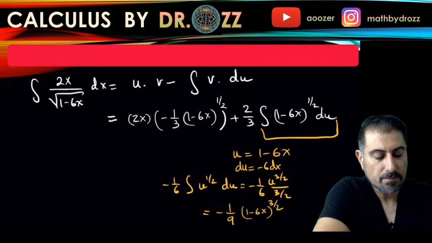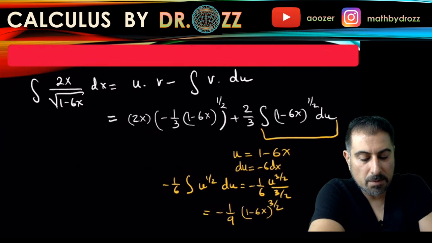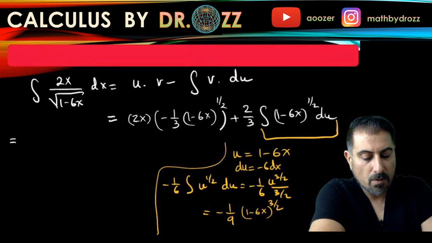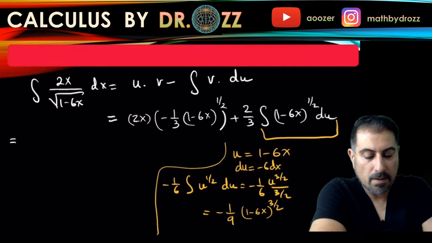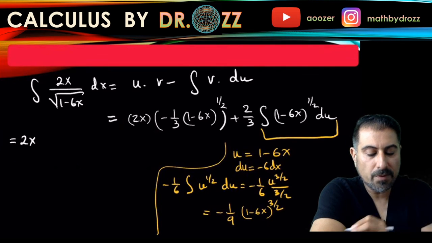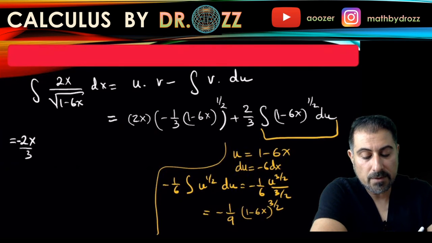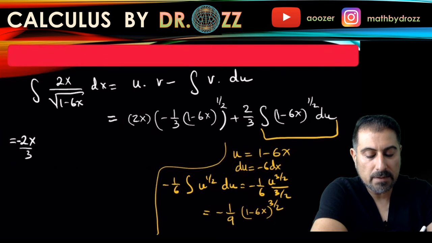So that allows me to update the description of my integral: negative 2x over 3 times (1 minus 6x) to the power of 1/2, that's the radical of 1 minus 6x.